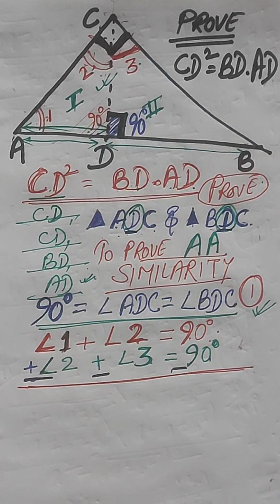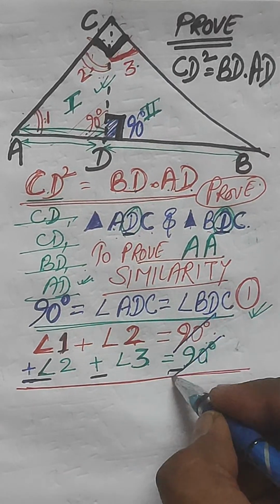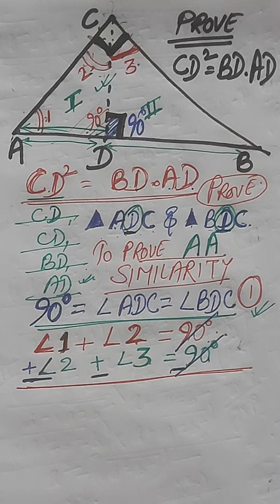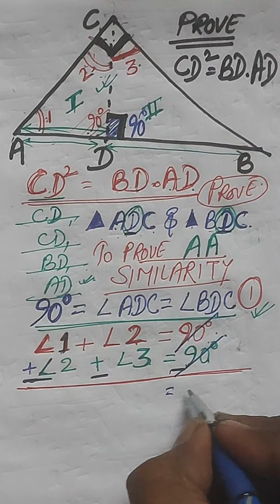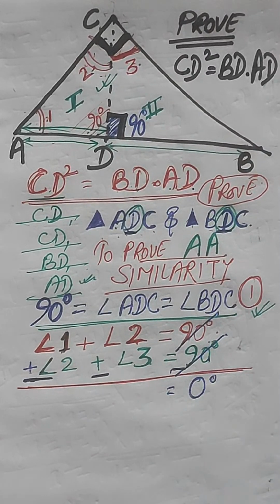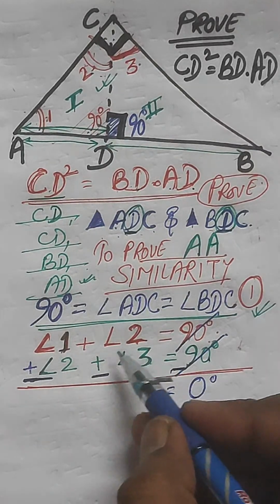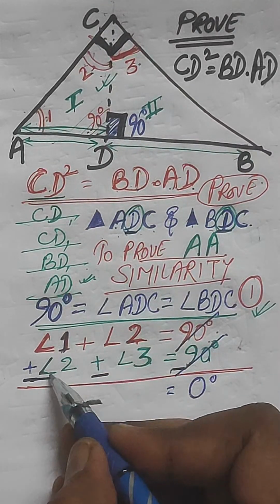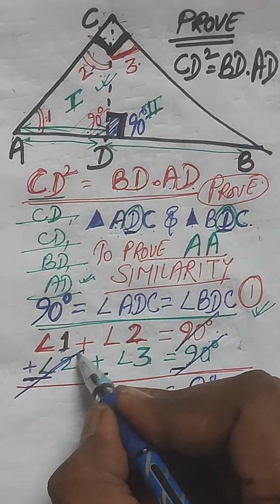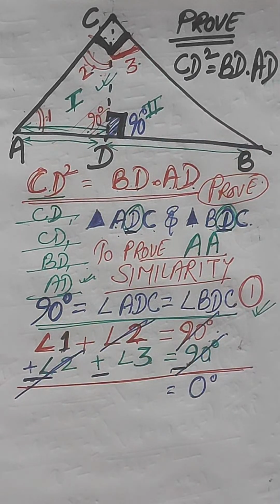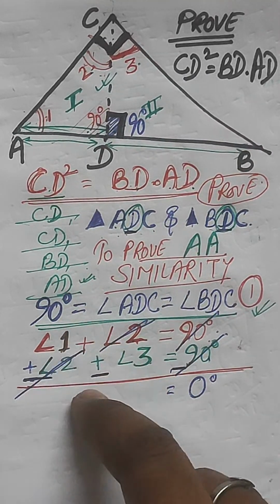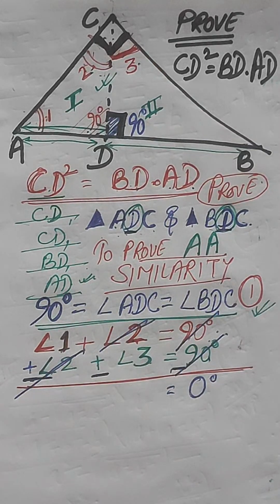So when you subtract, this 90 degree cancels out with this 90 degree, and this will give you 0 degree on the RHS. On the LHS you can see angle 2 and angle 2 will also be cancelled out, because we are subtracting the equations.